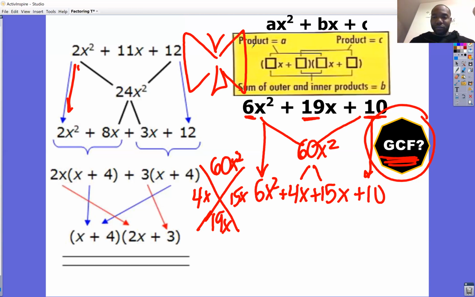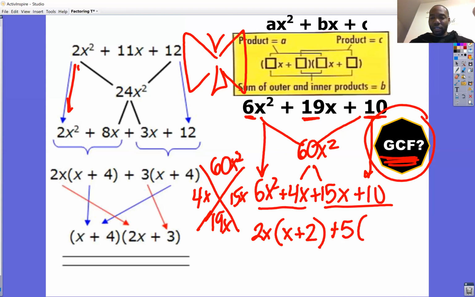All right, and now we do what? Factor by grouping, which we know what to do. What's the greatest common factor between 6x squared and 4x? That would be 2x. Take out a 2x, and now we have x plus 2. Greatest common factor between 15x and 10 would be 5. So bring out a 5, and we get x plus 2.